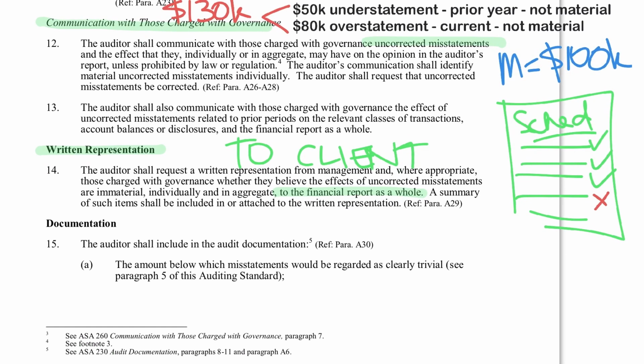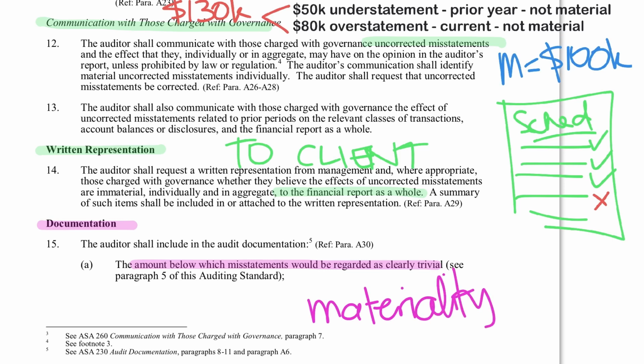And that backs up our last item here, which is the one I usually do in the pinky color, which is the documentation. I have to document the amount below which misstatements are clearly regarded as trivial. That is essentially the materiality level for a particular account.